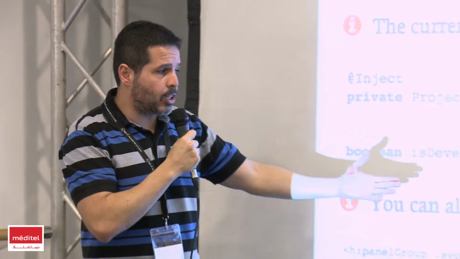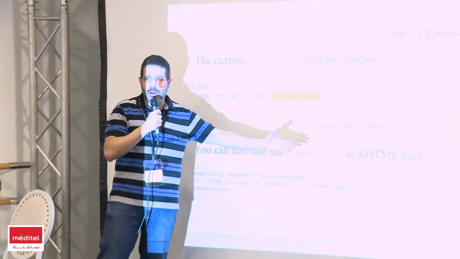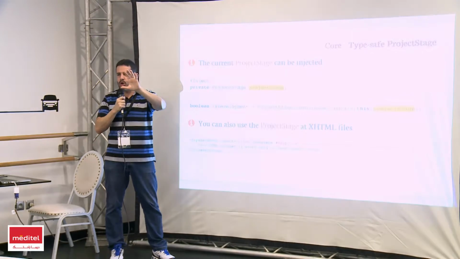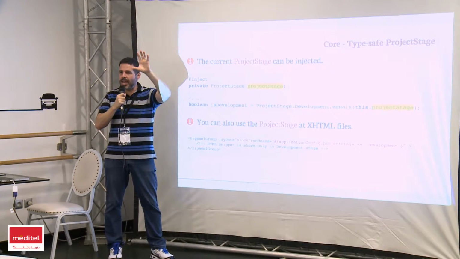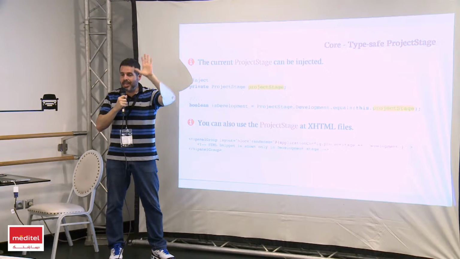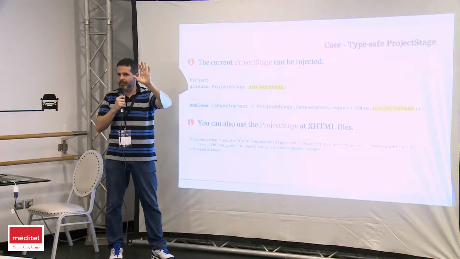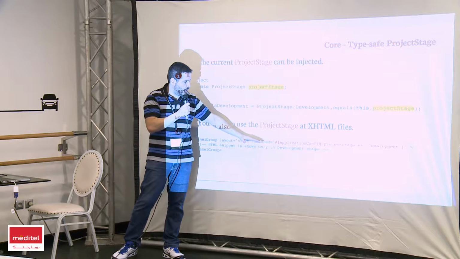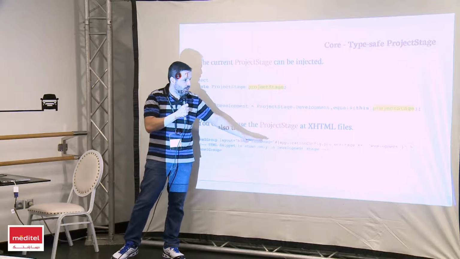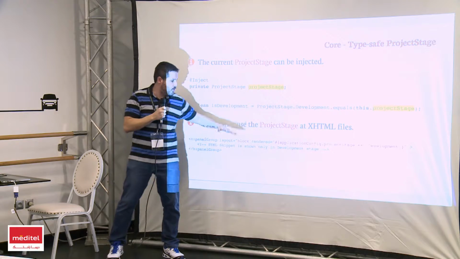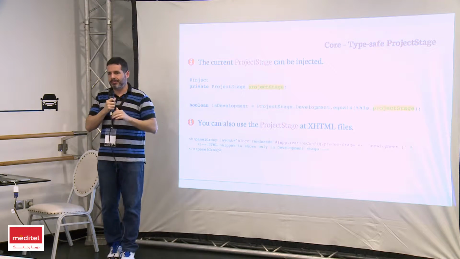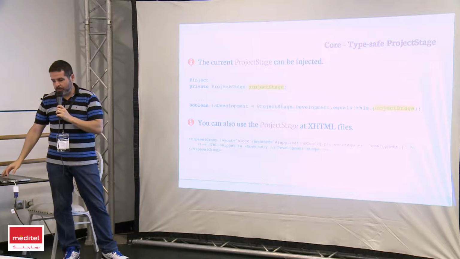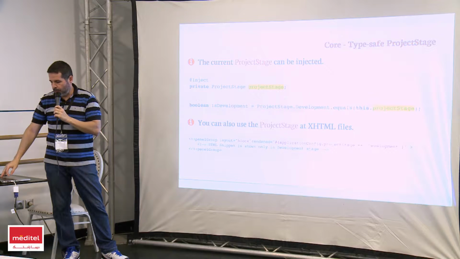You can use that also in XHTML files. For example, suppose that your application wants to show a big red banner saying, this application is under development. You just place a code, like here, using JSF. If the project stage is development, show the big red banner there. So you can have different behaviors from your application.